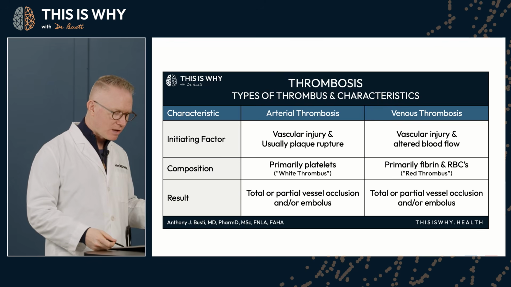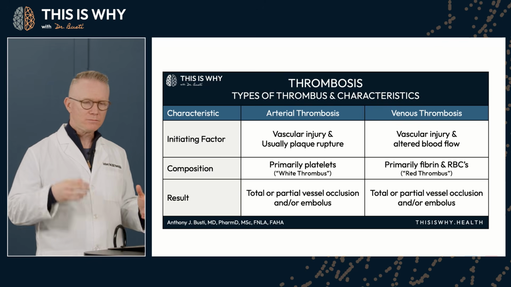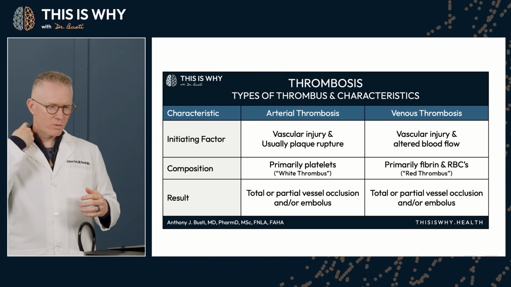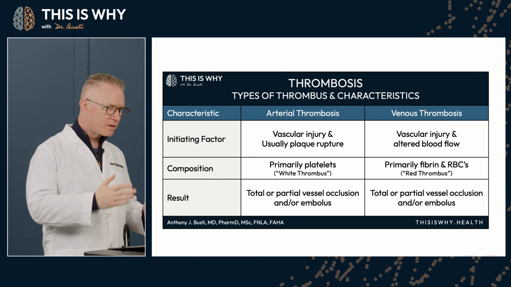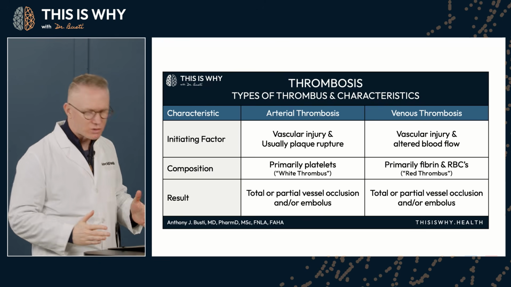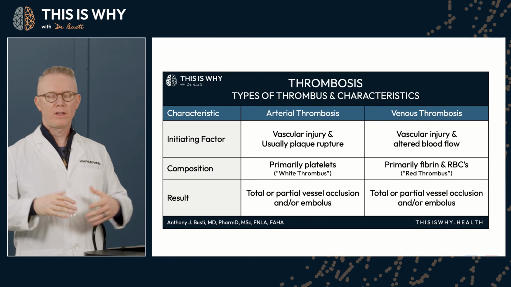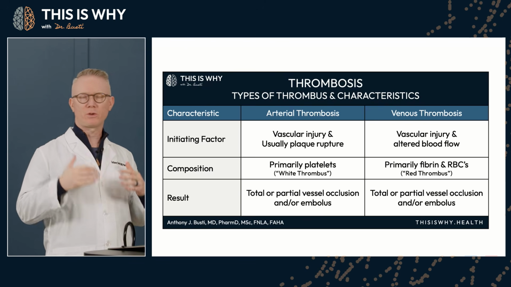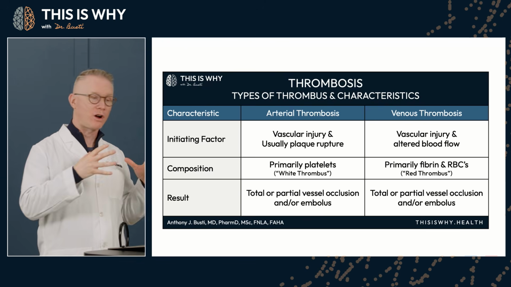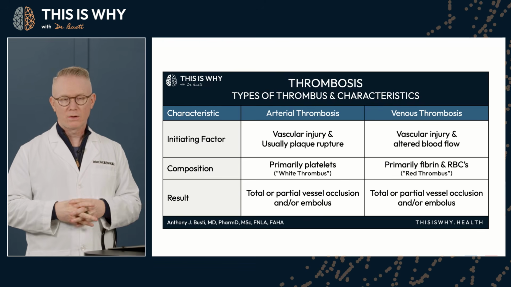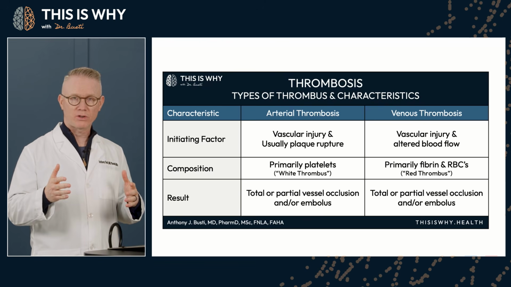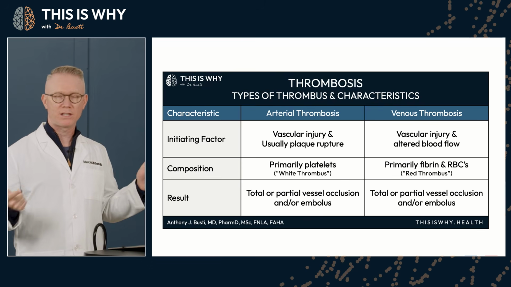So what I put together for you is a table where the two columns, you see, are arterial thrombosis formation and venous thrombosis, okay? And then each row represents a characteristic. So what is the initiating factor for an arterial thrombus? Well, you see that vascular injury is true for both venous and arterial.